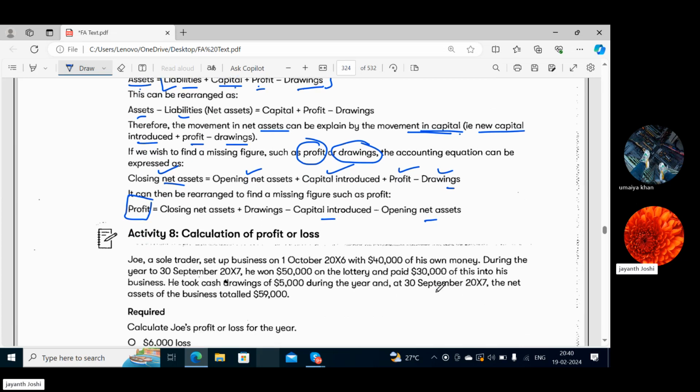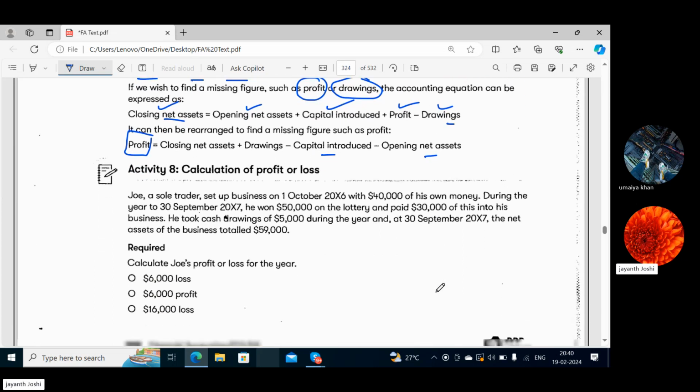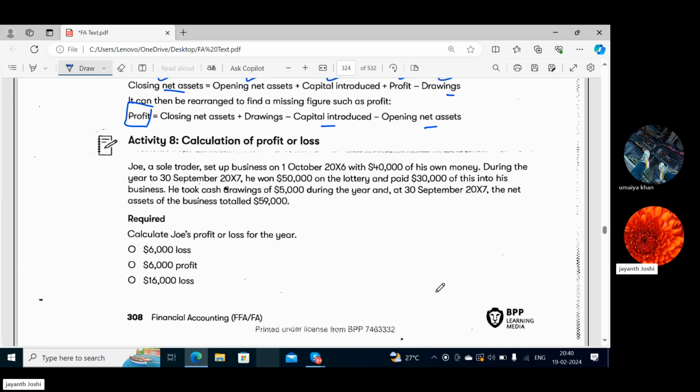This is, I guess, the last activity. We have to find the profit or loss. Joe, a sole trader, set up a business on 1st October 2016 with 40,000 of his own money. That means 40,000 is capital introduced.